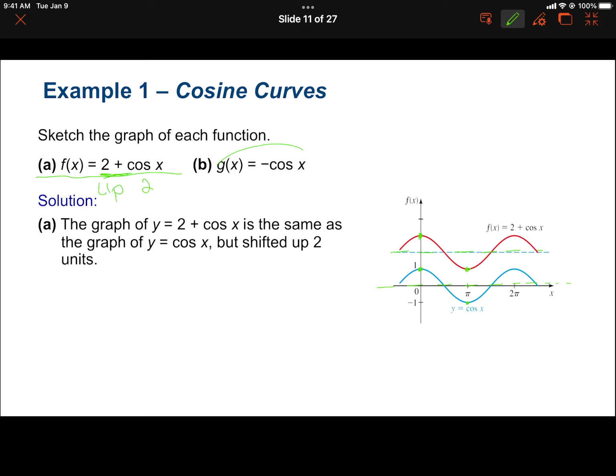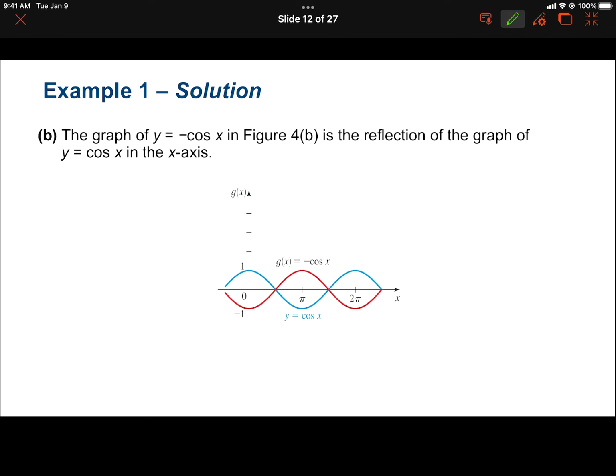So now what if I want negative cosine x? Well, negative on the outside right here means that we're reflecting the graph on the x-axis. Negative on the outside is reflecting the x-axis. So the blue right here was my first graph. That's the one we graphed at the beginning. All we're doing is reflecting it, which means if it was positive, it goes to negative. 0 would stay.